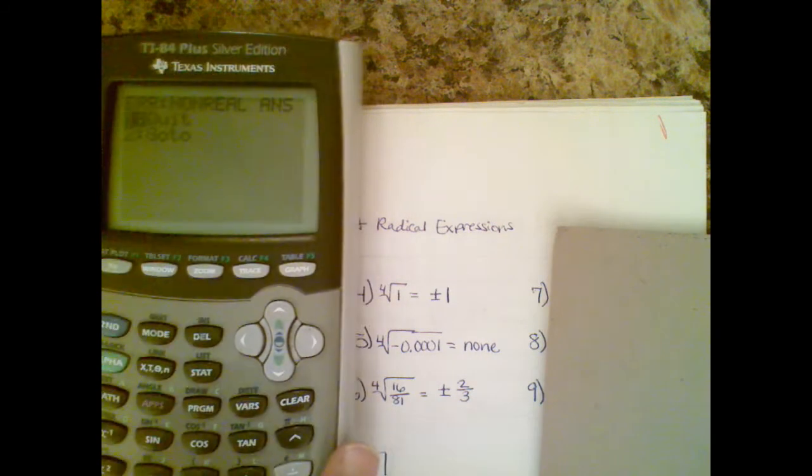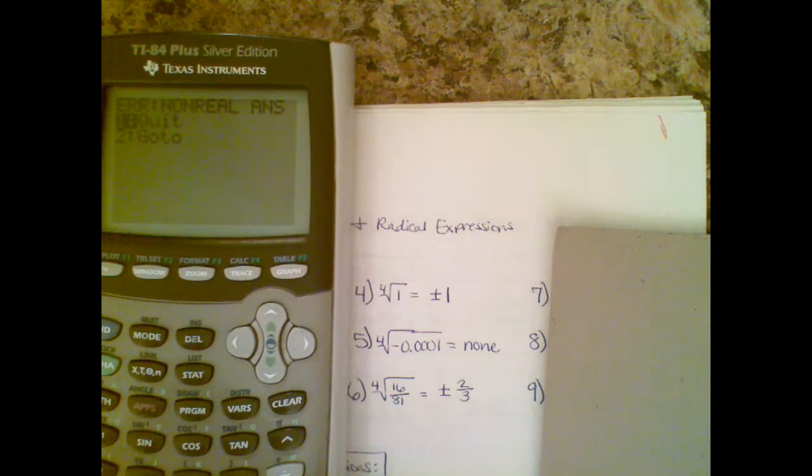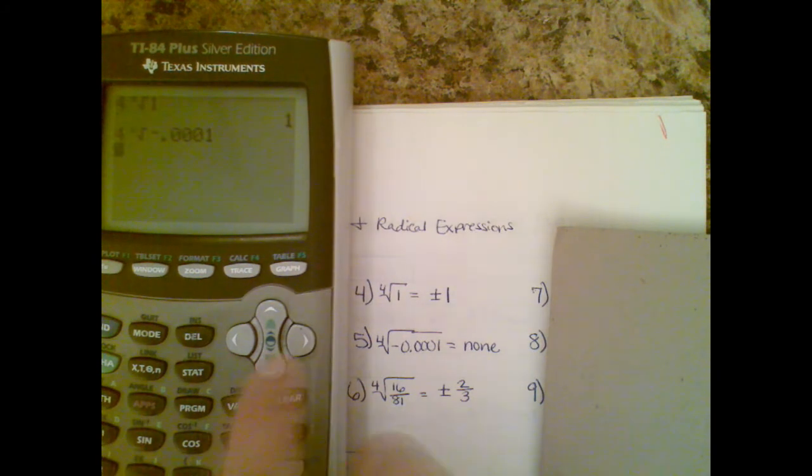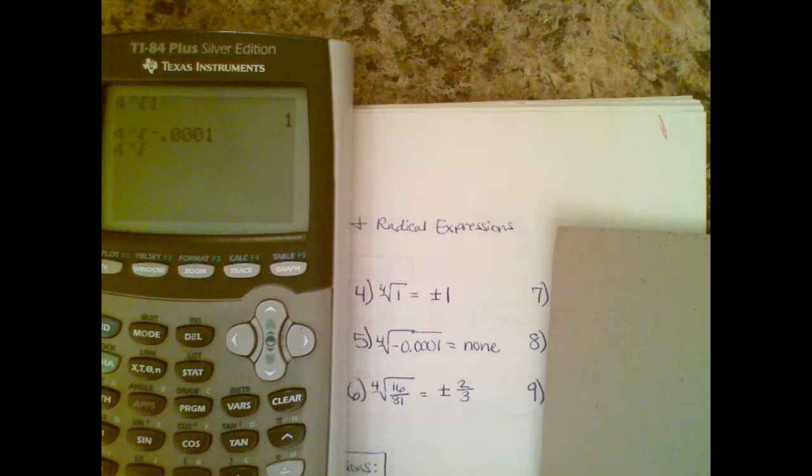And then the next one, we have the fourth root of 16 over 81. So we click the 4, graph clear to get out of it, 4, math, our x root, and then 16 divided by 81, put it all in parentheses so it knows that we're taking the fourth root of that entire answer.